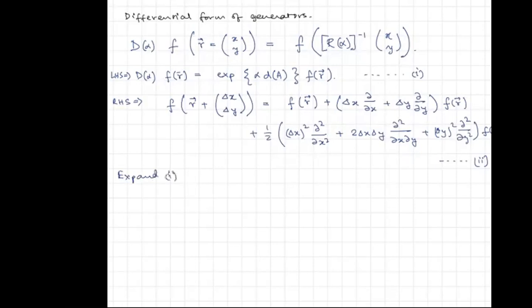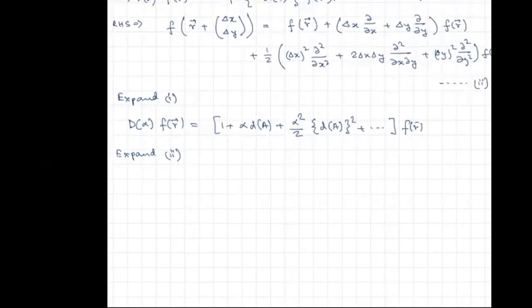If you expand 1, what you get is d of alpha f of r is equal to 1 plus alpha d of A plus alpha squared over 2 d of A squared, plus dot dot dot, acting on f of r, of course. And if you expand 2, what do you get? So you need the expansions of delta x and delta y. We want to understand what delta x and delta y are.